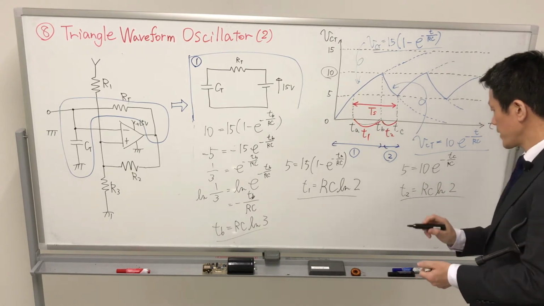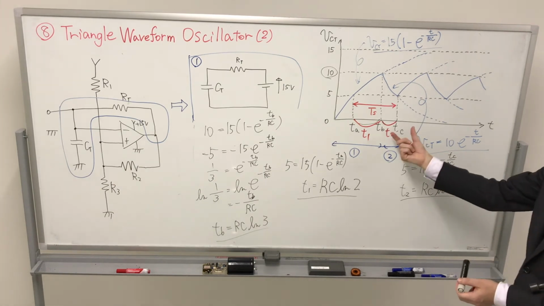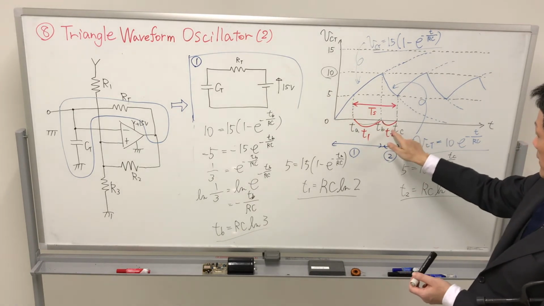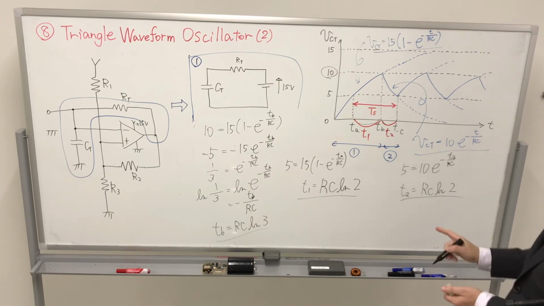You can obtain T2. In this case TC means this one, but let's call it T2. The term T2 is here, okay.